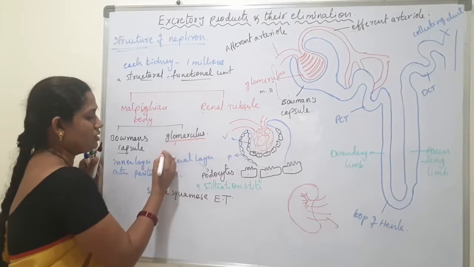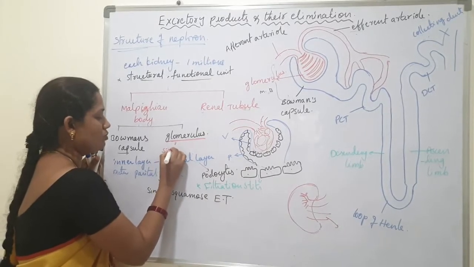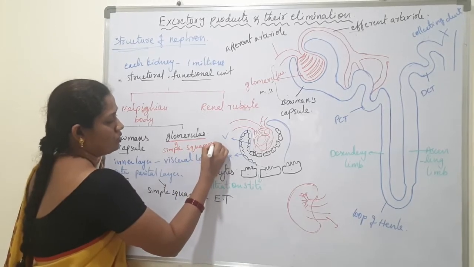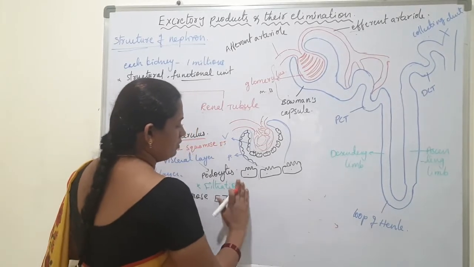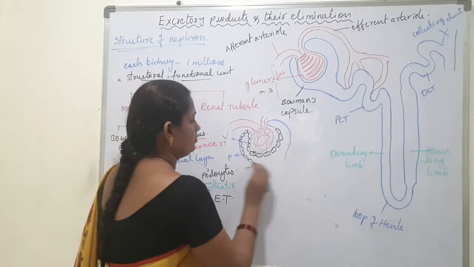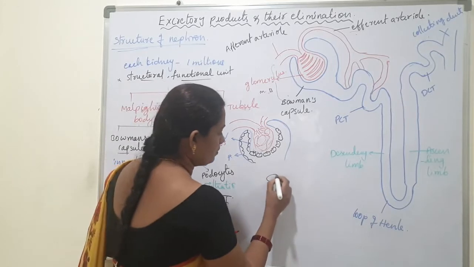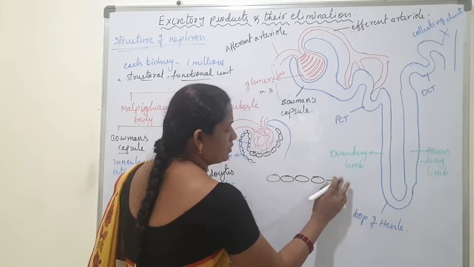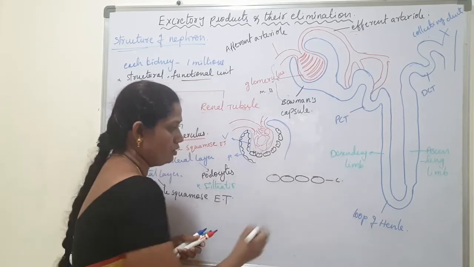The wall of the glomerulus is made up of simple squamous epithelial tissue. For example, I am drawing the single layer: these are the simple squamous epithelial cells of the glomerulus.